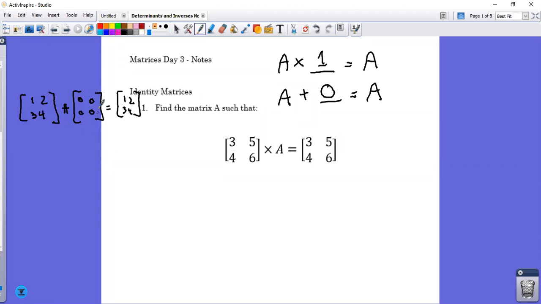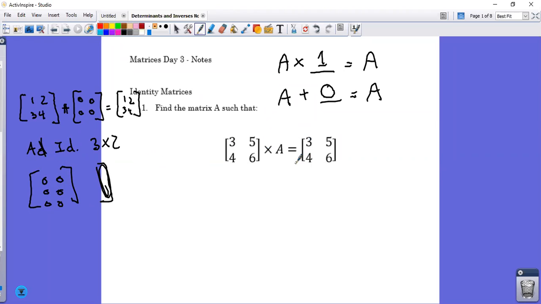So if it's a 2 by 2, I just have to have all zeros in a 2 by 2. So like if I asked on a quiz, what is the additive identity of a 3 by 2 matrix? Then you'd have to have the same size, 3 by 2 with all zeros. So when you add it, you wouldn't change it.